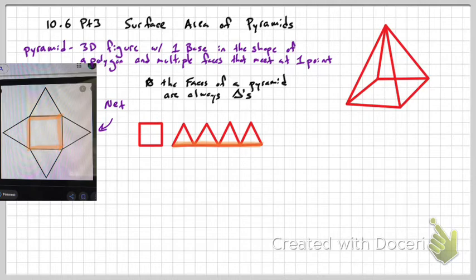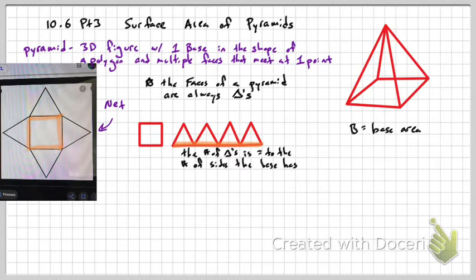So that's important to know. And also important to know is that all of those triangles have the exact same height, okay? As in, this distance is all the same because all those triangles are the exact same size.